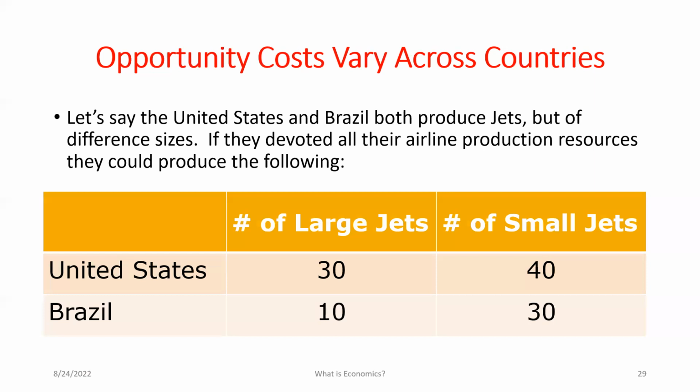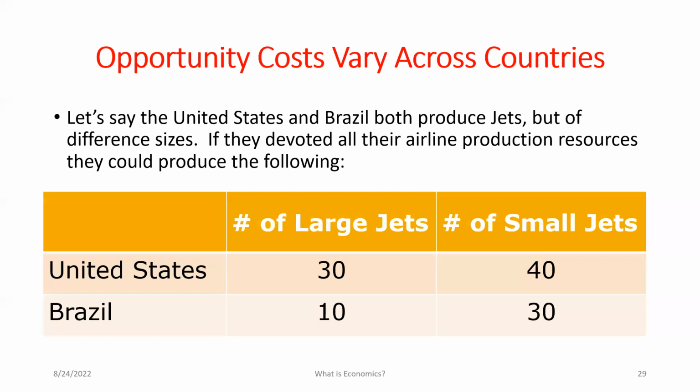The cost of producing a small jet would be however many large jets I have to not produce, because I'm taking some of my resources from producing large jets and putting them towards producing small jets. So I'm no longer able to make as many large jets as I did before. There's a trade-off there. There's a cost to the United States to start producing small jets, and that cost can be put in terms of how many large jets I'm no longer producing.